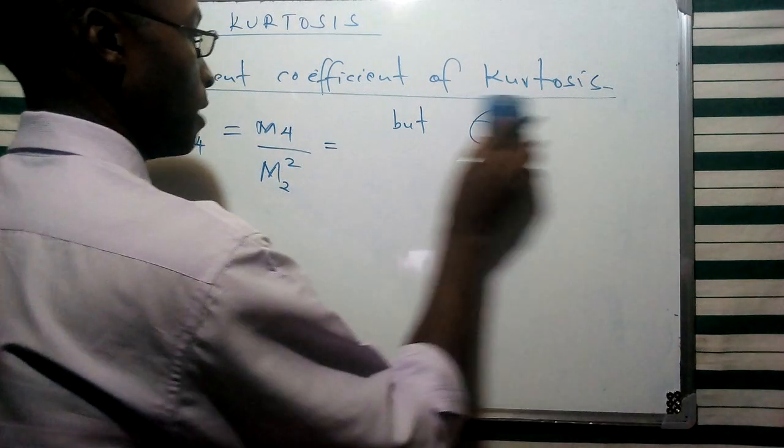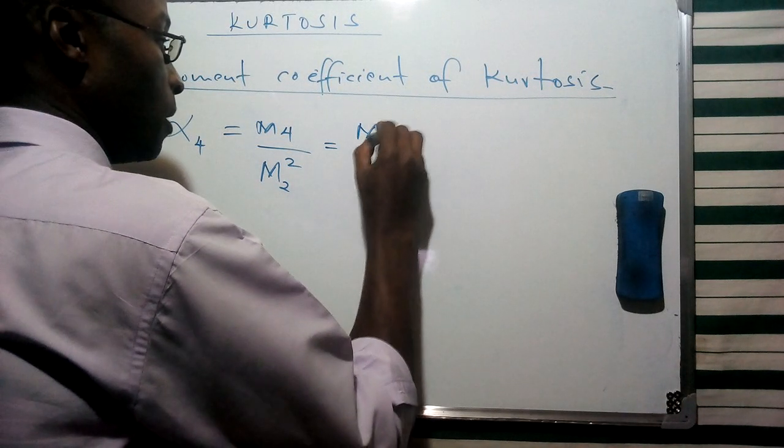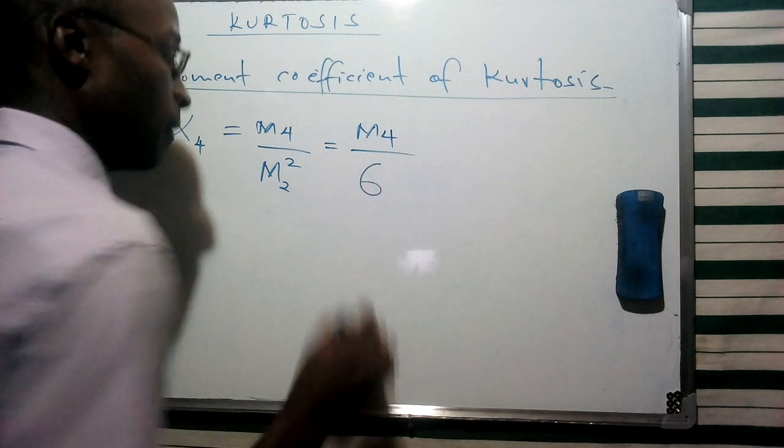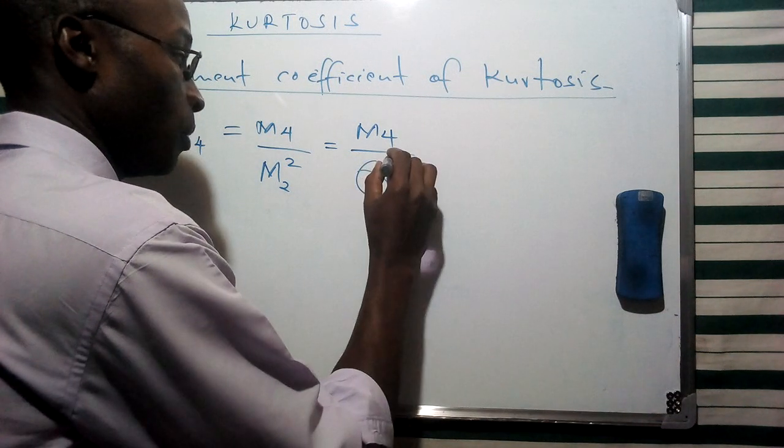Therefore, we're going to have a second expression of this measure of kurtosis given in terms of the fourth moment about the mean divided by the square of the population variance.